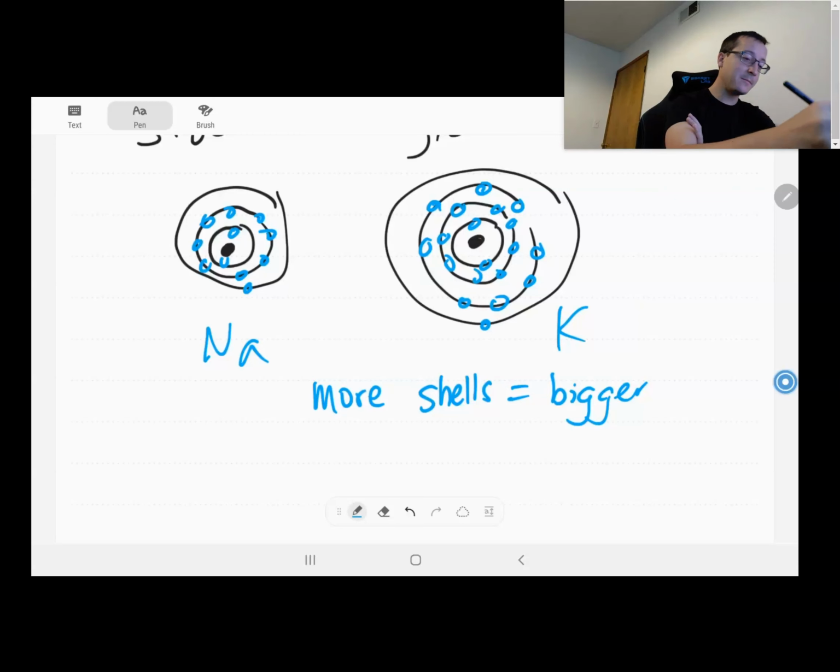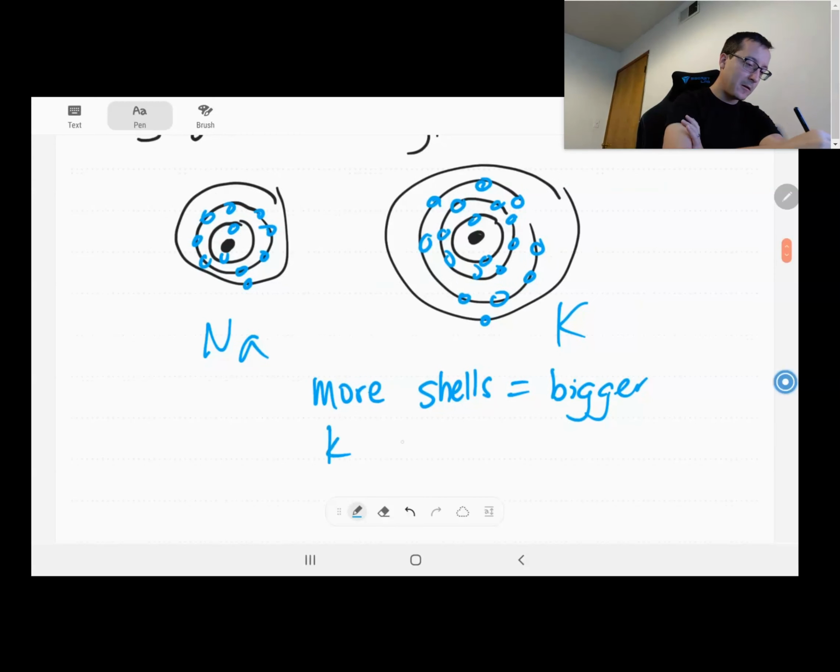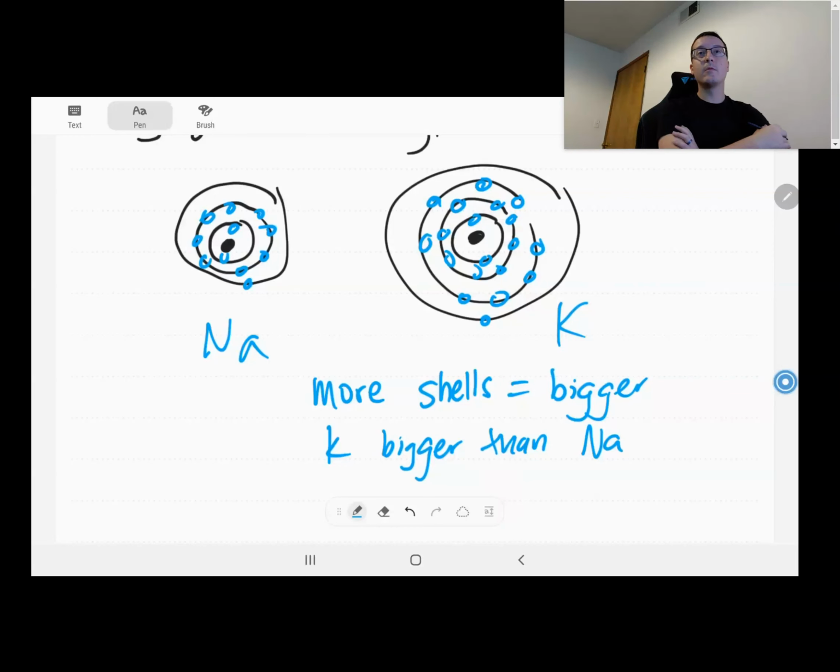So potassium is bigger than sodium. Let's just look at number of shells right now.